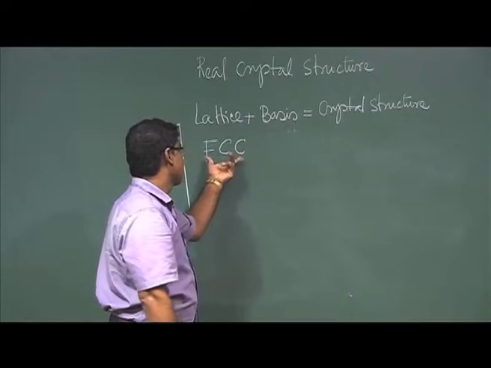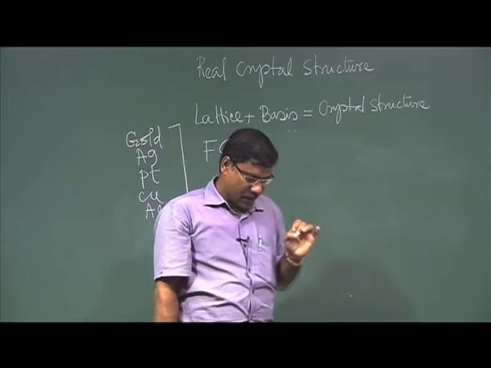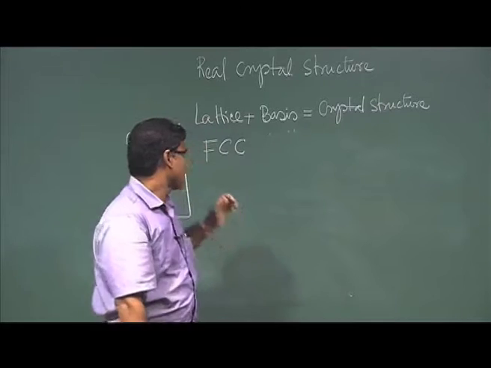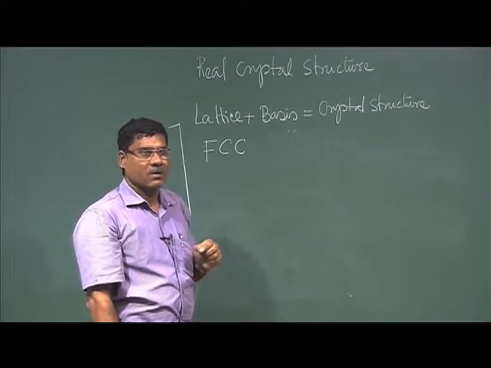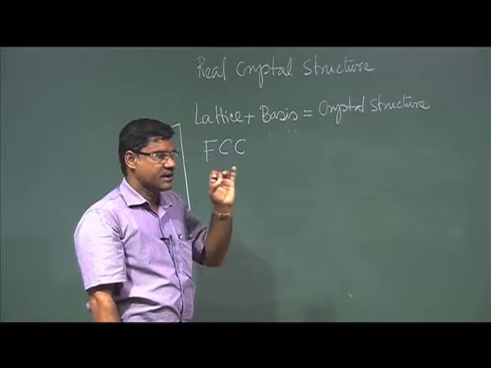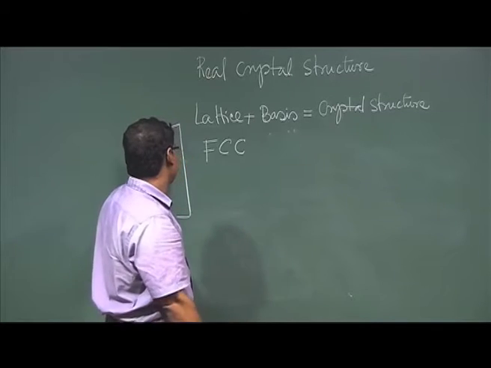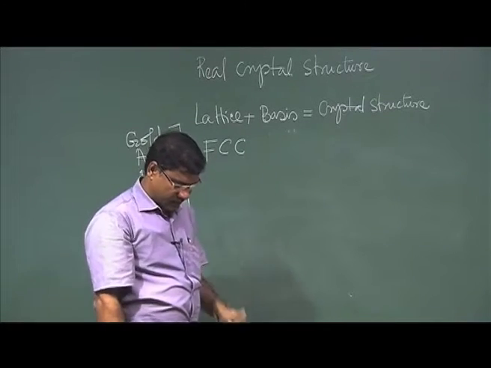So, if it is purely FCC, this atom can be put at the corner of the unit cell, or at each lattice point directly you can put the gold atom. Okay. So, that will be FCC structure.